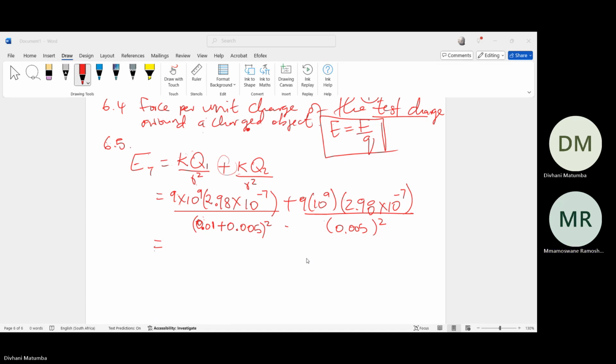Then I'm going to get 1,5,4,1,2, plus 9 times 10 to the power of 9 times 2.98 times 10 to the power negative 7 over 0.005 squared. Okay.